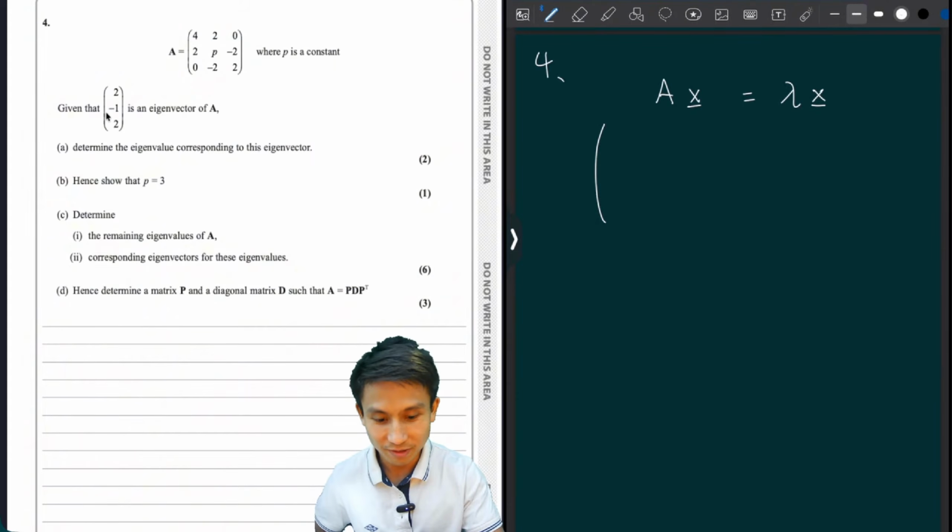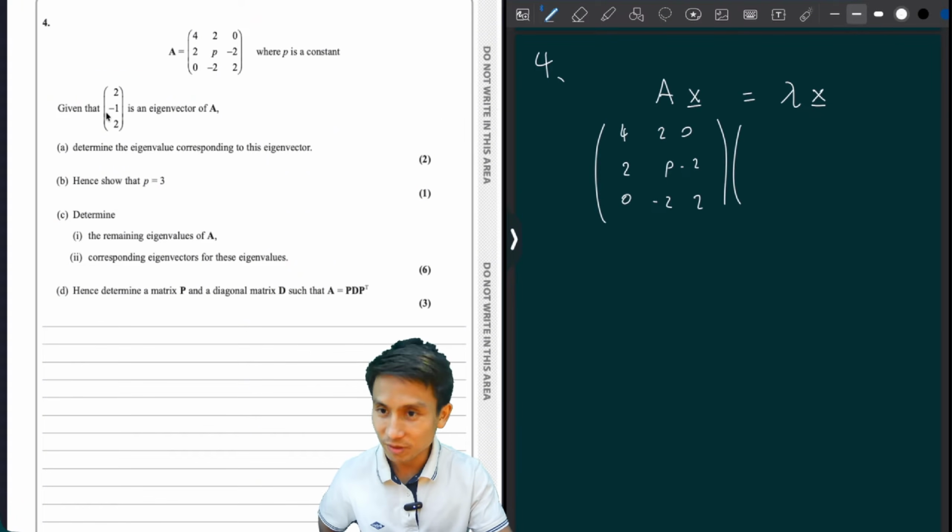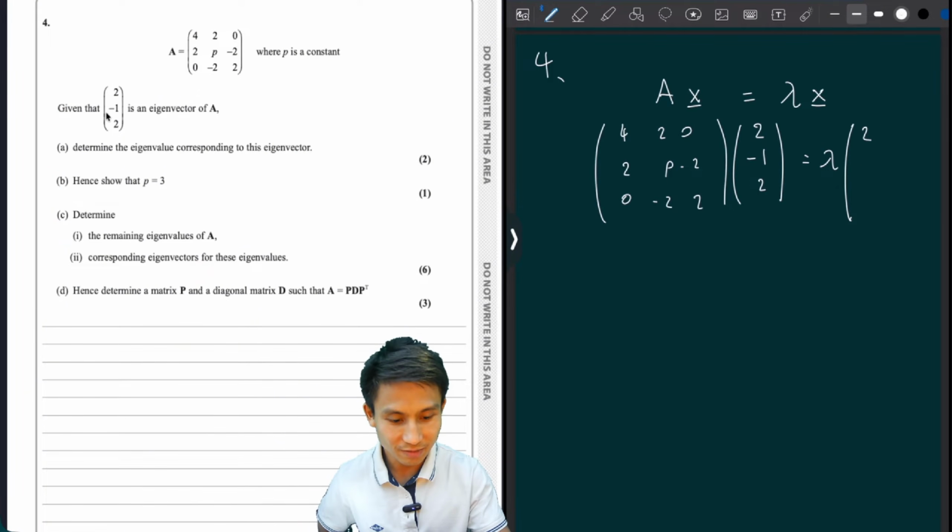So we're going to have the matrix 4, 2, 0, 2, P, minus 2, 0, minus 2, 2, multiplied with the eigenvector, and the lambda here is the eigenvalue we want to find.